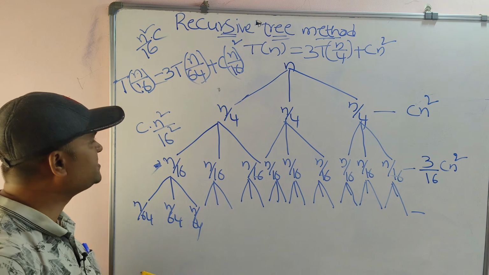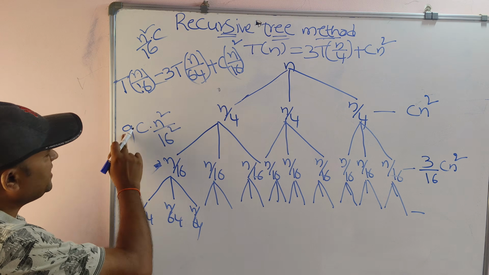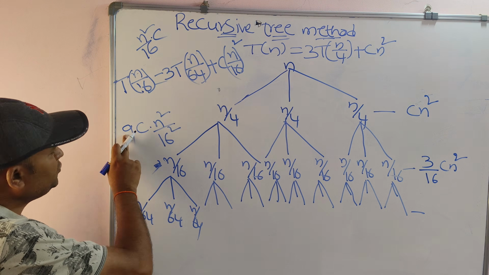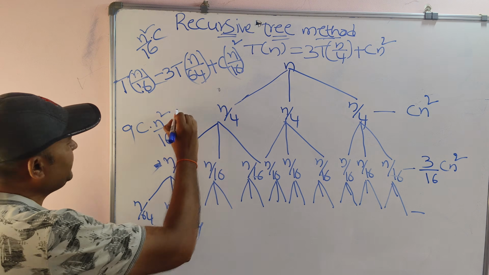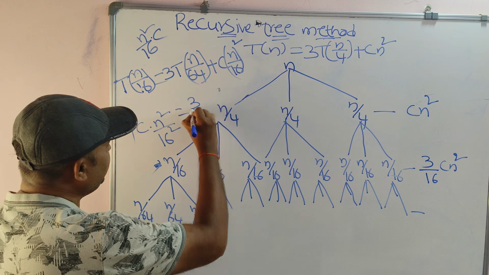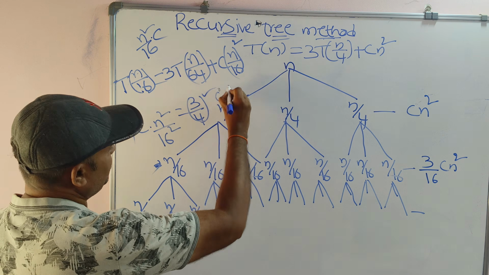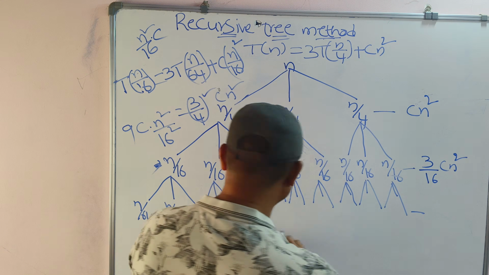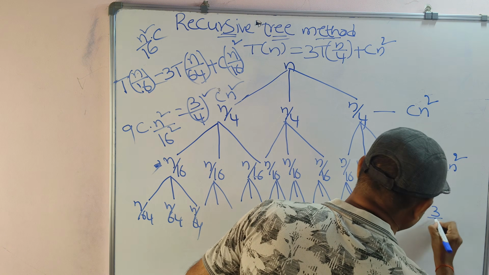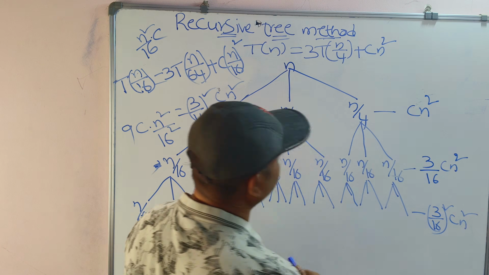So 3 plus 3 plus 3 means 9. So total number of operations is 9 into c into n²/16². We can write 9/16² as (3/16)². So for merging this level, we require (3/16)² cn² operations.